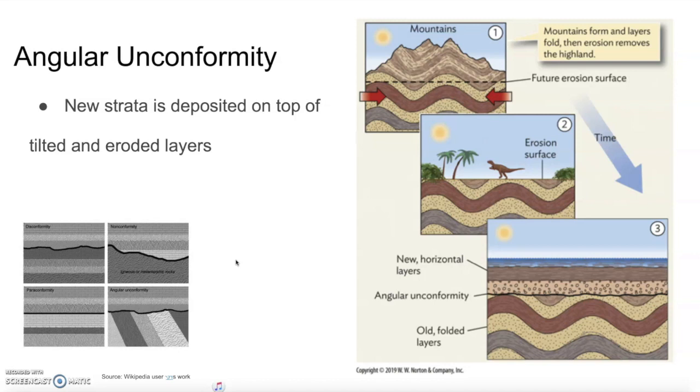So strata can be deposited flat on top of past orogenies, is my point. And that is called an angular unconformity. And it helps us understand what has happened in the past.